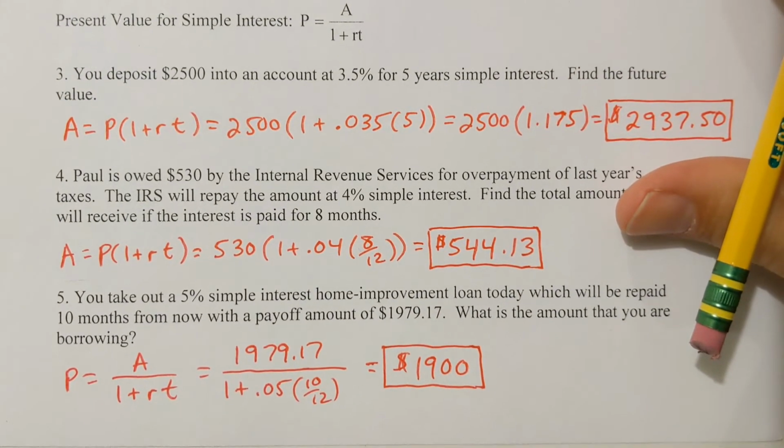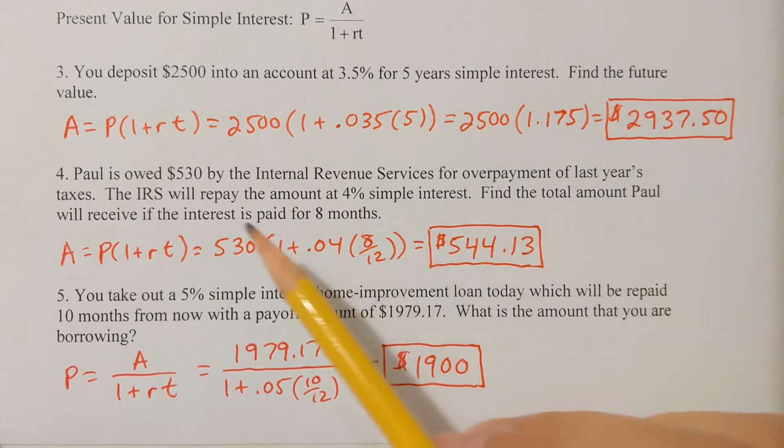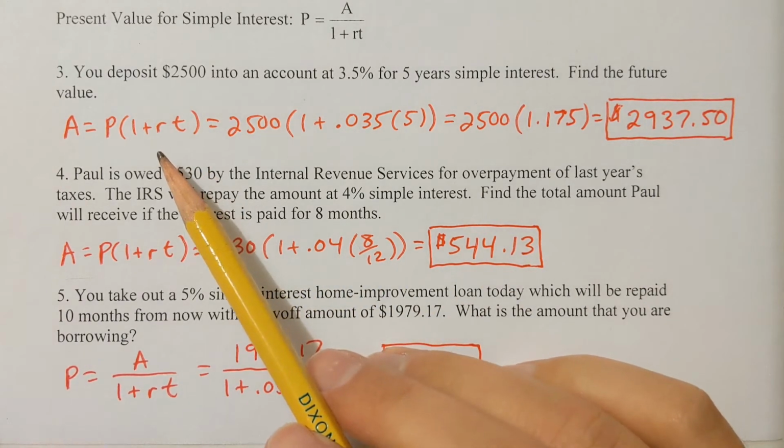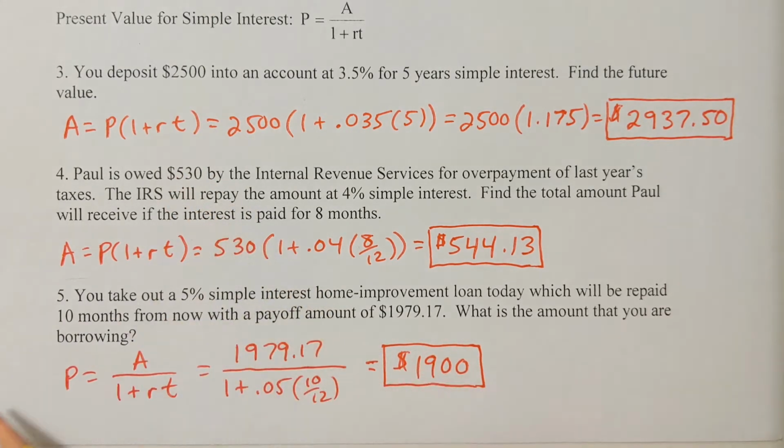So let's take a look at problem 3. You deposit $2,500 into an account at 3.5% for 5 years simple interest. Find the future value. Here's the formula that we need to use: principal times the quantity 1 plus the rate times the time.